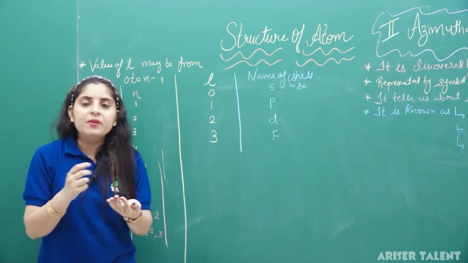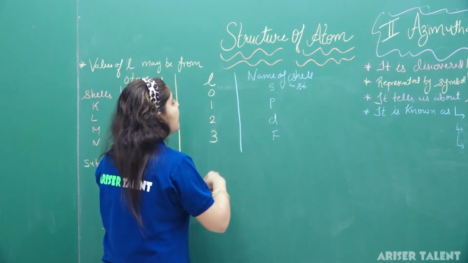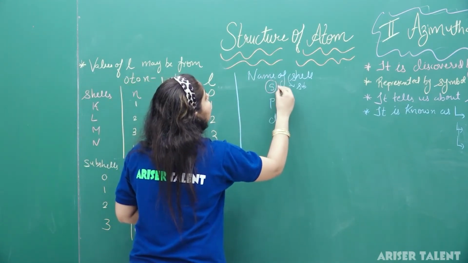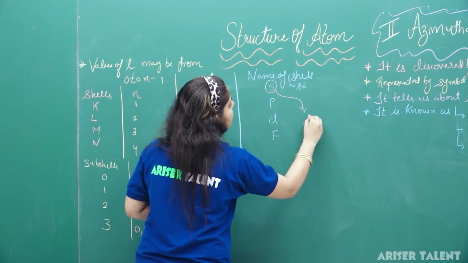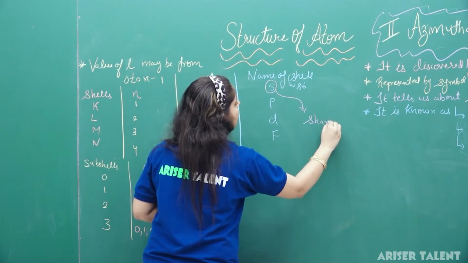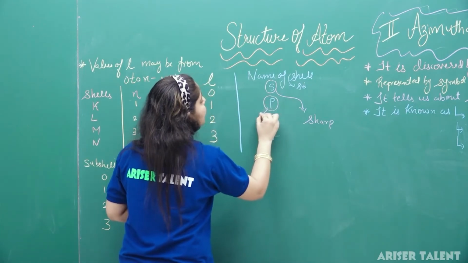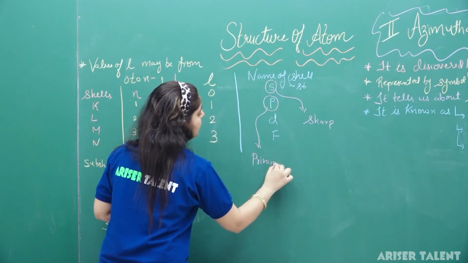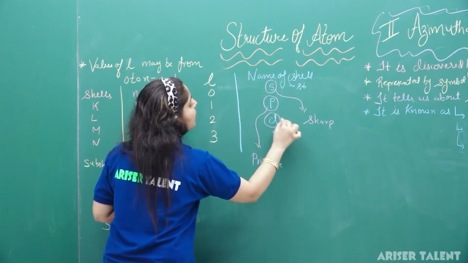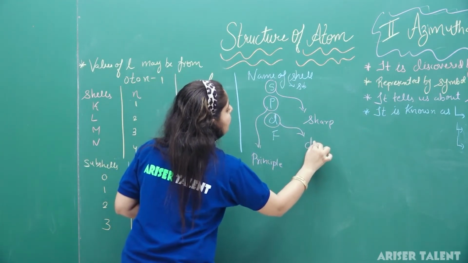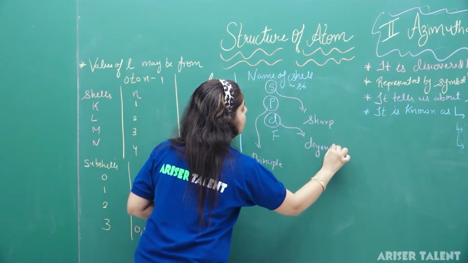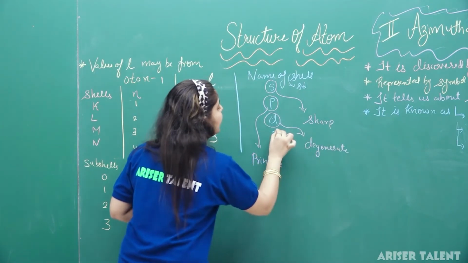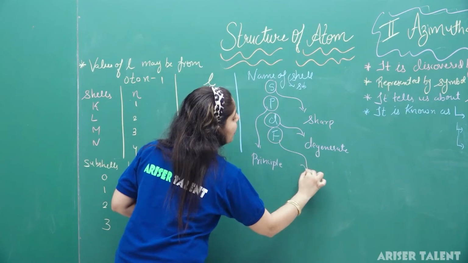SPDF is an abbreviated form: S we can call sharp, P is known as principal, D is known as degenerate, and the F shell is basically known as fundamental.